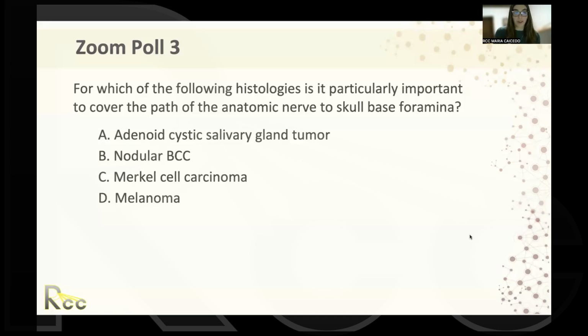So for which of the following histologies is it particularly important to cover the path of the anatomic nerve to the skull base foramina? Okay, I think the answers are coming up. I'm gonna wait until half of the participants have answered. Otherwise, we're seeing lots of A answers on the chat. Okay, almost half of our participants have answered, Dr. Parag. So here are the answers.